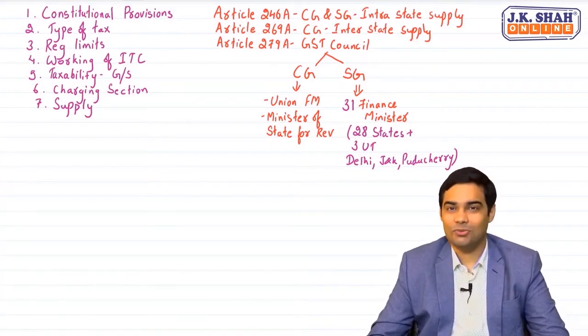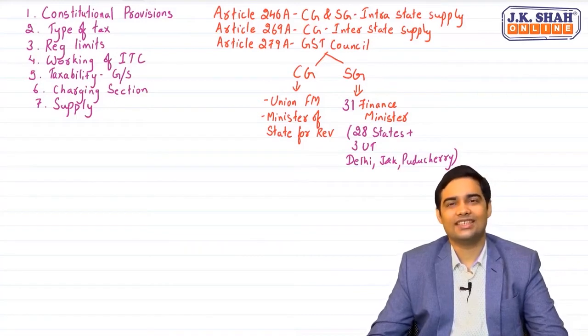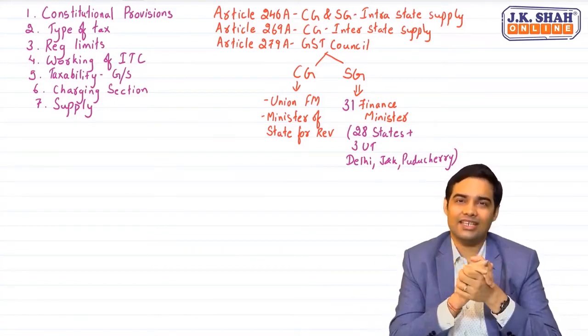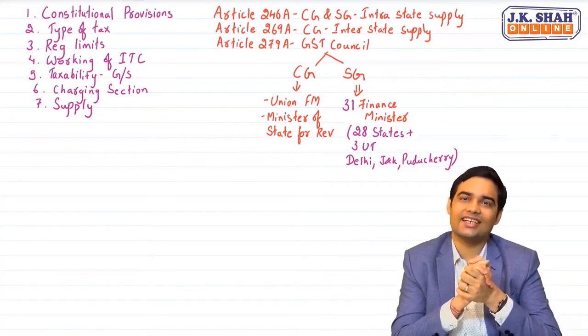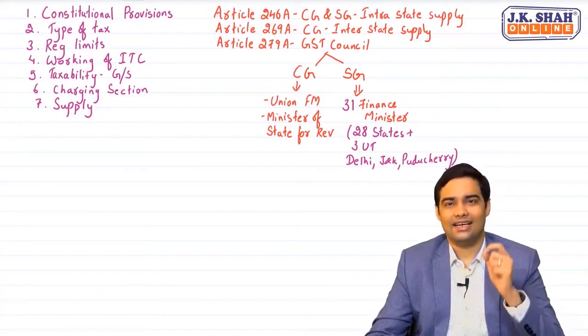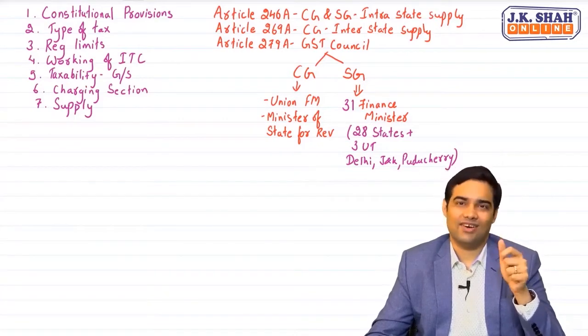The answer would be no. Because the intention of bringing this Article 246A, 269A and 279A was that central government and state government come together and make decisions on the GST law. And that's why the required majority and power also signify this.